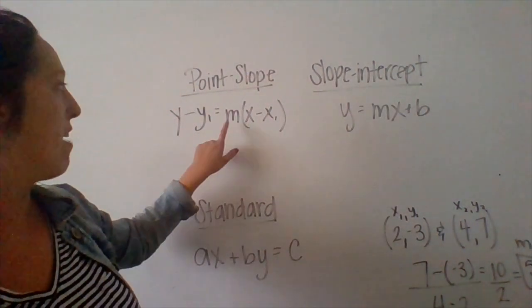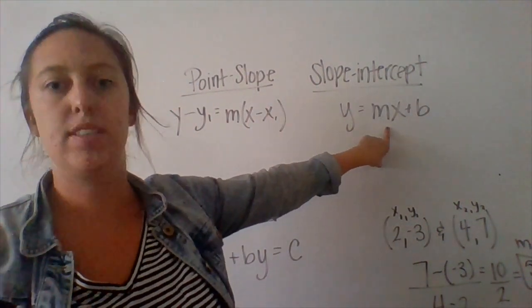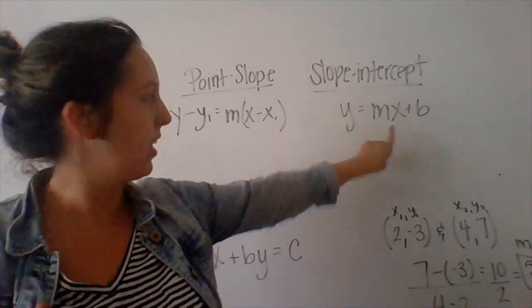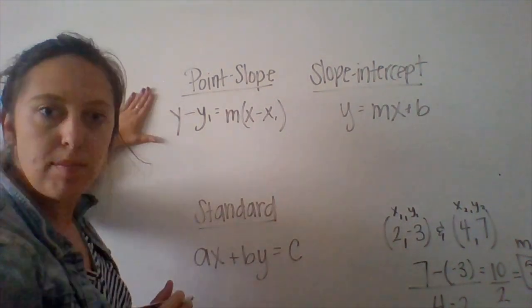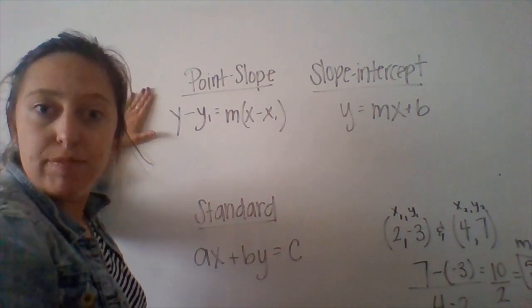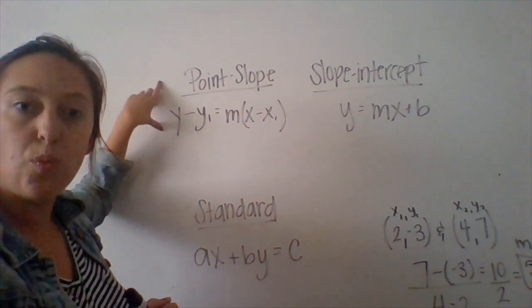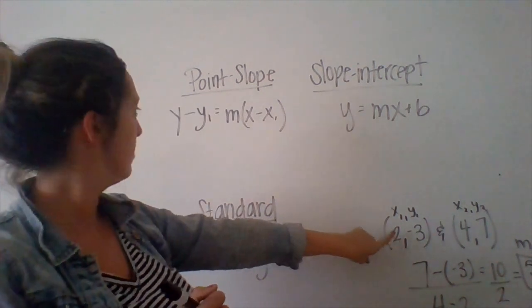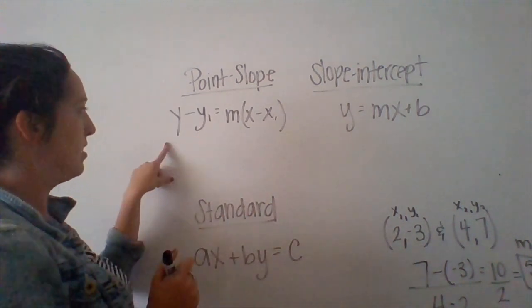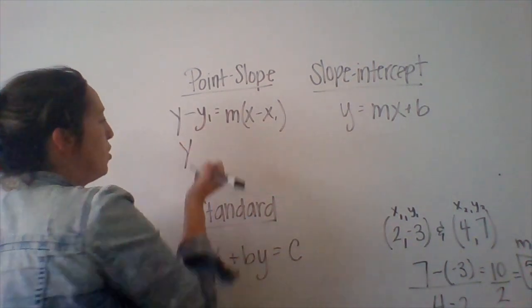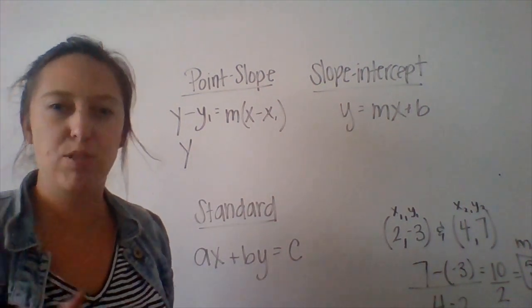Okay? Notice that we have my m in two of these forms, right? So they'll both be 5. Okay? This one, point slope, that's all you have to do. Now we're just going to plug things in. For point slope, you're going to choose one of your points, okay? And you're going to leave your x and your y as variables because we're trying to write an equation.